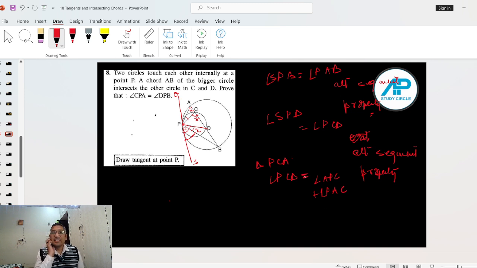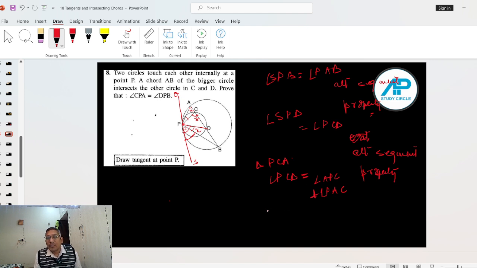Angle PCD is equal to angle APC plus angle PAC.